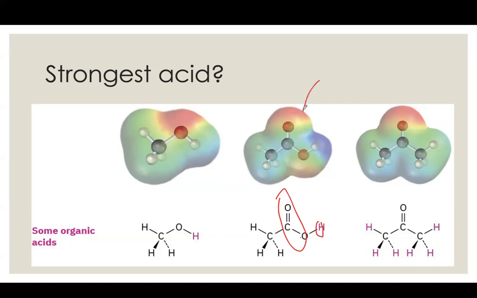So therefore, I'm going to say that the middle one is the most acidic compound. But what if the question asks which one is the strongest base? I know that this one is probably my weakest acid because all the hydrogens are connected to carbons instead of oxygens, and carbon is much less electronegative. So this is my weakest acid, and by definition, the weakest acid is going to be your strongest base. So I'll finish the video after I finish writing this. So this is the weakest acid, therefore it will be the strongest base.